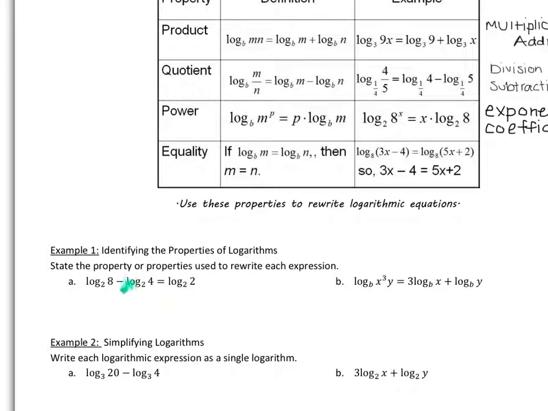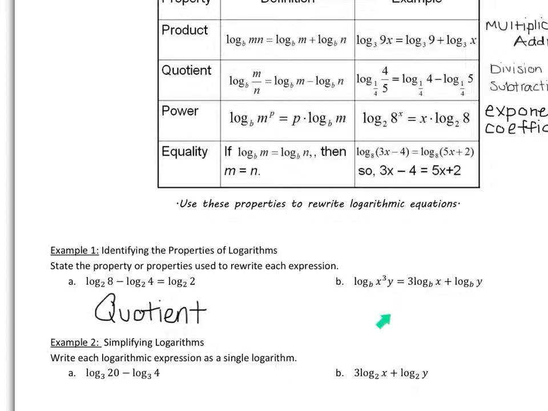What property did we use to get from here to here? Quotient, right? Because you start with subtraction, and then, let's see, 8 divided by 4 would give us 2. So that works. It went from subtraction to division, so that is quotient property. You can just write quotient. Very good.